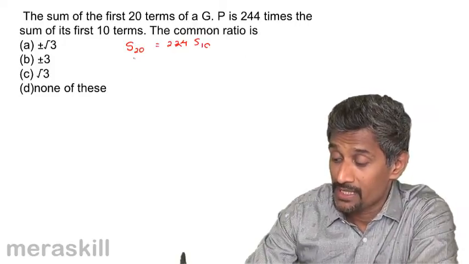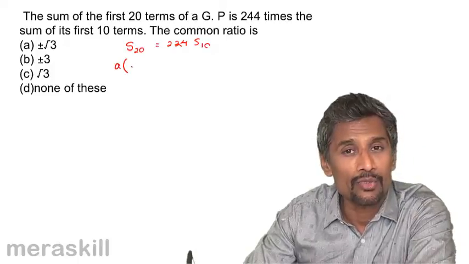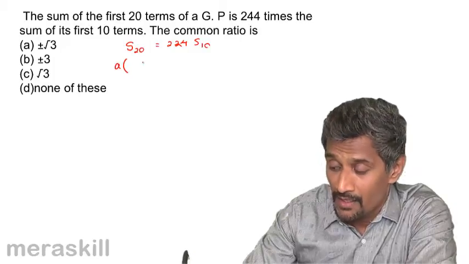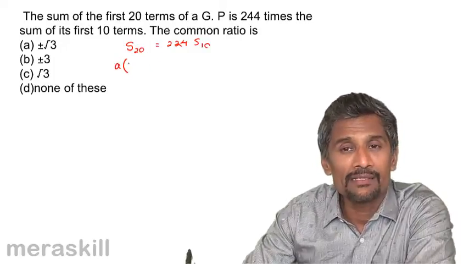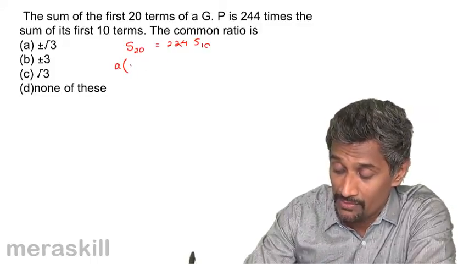So S20 in that case would be a. We can use r raised to n minus 1 or 1 minus r raised to n, because in this case we don't know whether r is greater than 1 or less than 1. But either way, since the signs are going to interchange, the net value will remain the same.